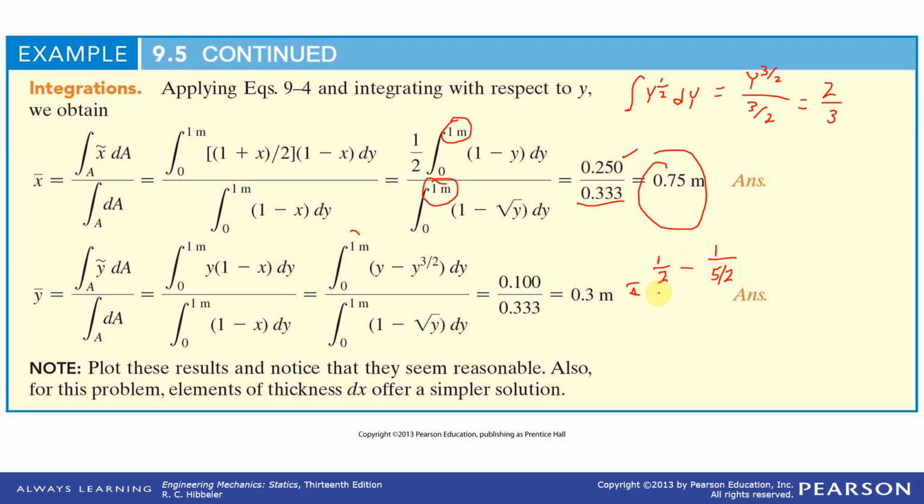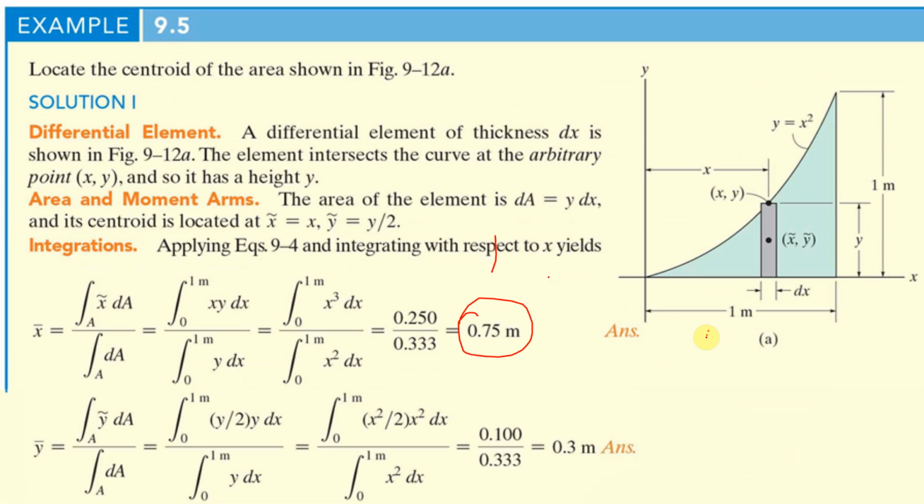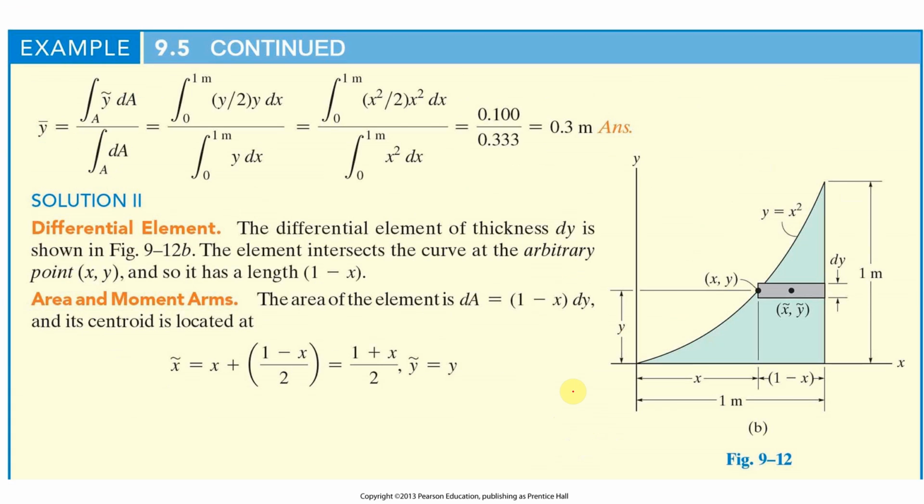That's 1/10. And then on the bottom, we're going to get 1 minus, oh, we already did this one, 2/3, equals 0.1 over 1/3, equals the same answers we got before. There we go. 0.3 meters, just like before.